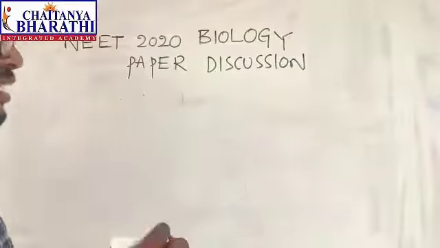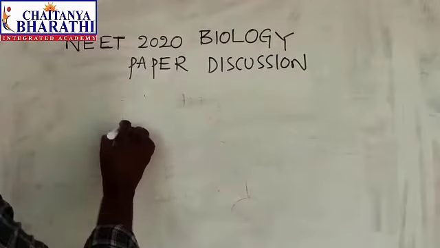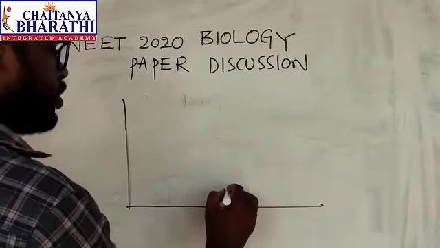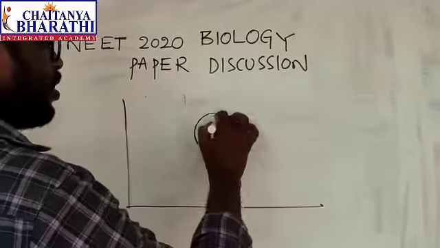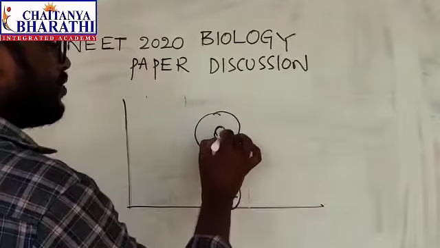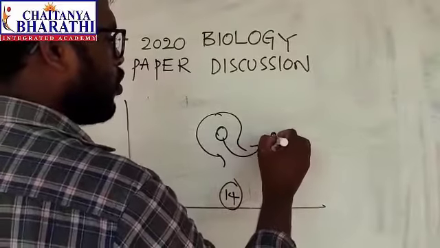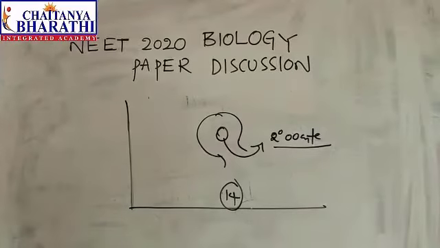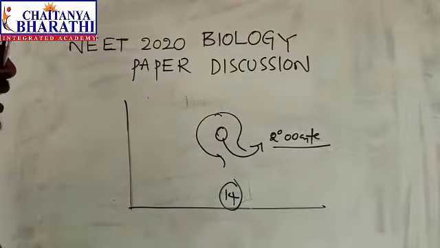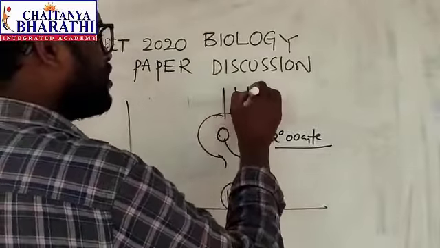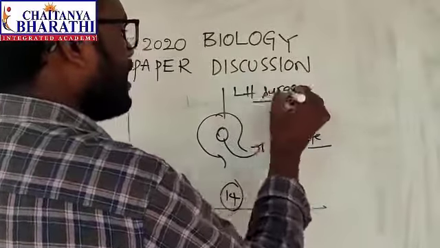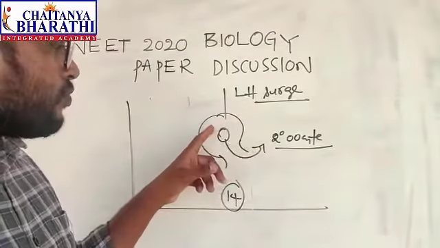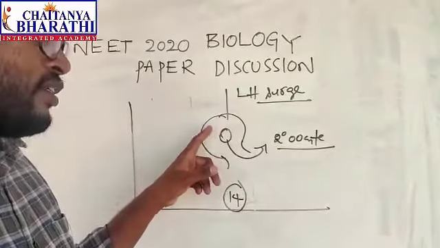Here in the menstrual cycle, on the 14th day, from the Graafian follicle the ovum is released at the secondary oocyte stage, an immature ovum, where the LH surge occurs. LH surge means peak levels of luteinizing hormone, which is actually responsible for ovulation.